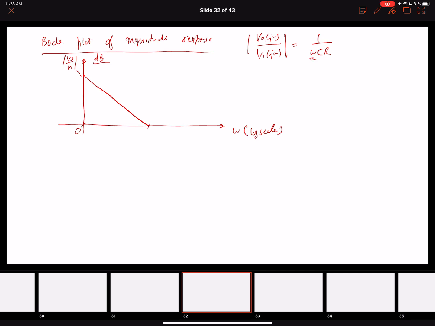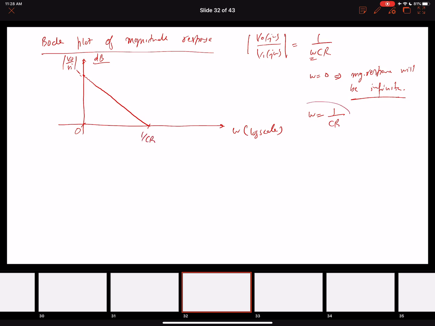And at omega equals 0, our magnitude response will be infinite.